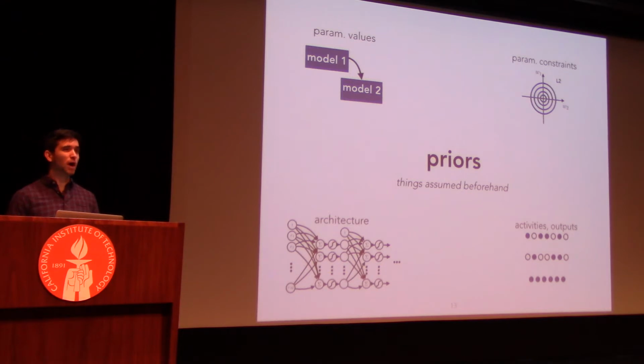If I'm incorporating dropout, then I'm incorporating some prior assumptions that, hey, maybe the features should be independent, more or less. They should be able to function without each other for the most part. So you see that actually the learning component of deep learning is only part of it. You have to come in and actually make some assumptions beforehand in order to train a model.